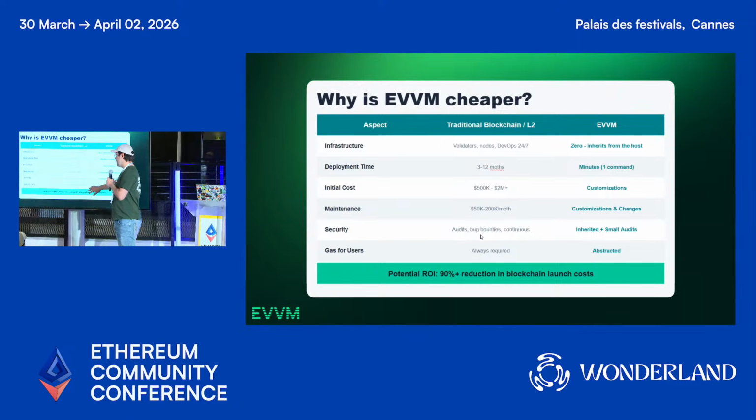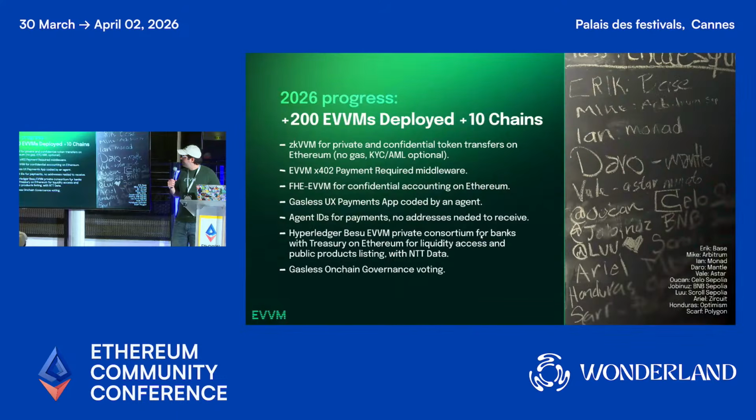And on gas for users, the user has to have gas in any chain, unless there is some program or promotion where someone else is paying for this gas. In the EVM it is always abstracted, so it's up to the deployer whether to help their users or not. And there is also a tokenomics implemented, so you can use that tokenomics to reward the different users.